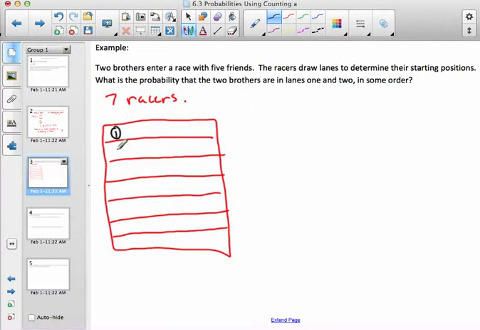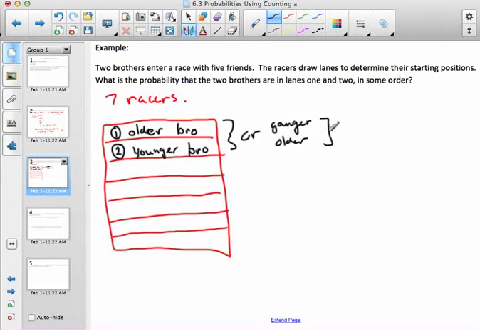Okay, so we'll call this lane 1 and this one lane 2. Now what the question asks is, what's the probability that the 2 brothers are in lanes 1 and 2? So for now, let's just put the older brother here, and the younger brother here. Now, in this case, we know that we could have the younger brother in lane 1 and the older brother up top.